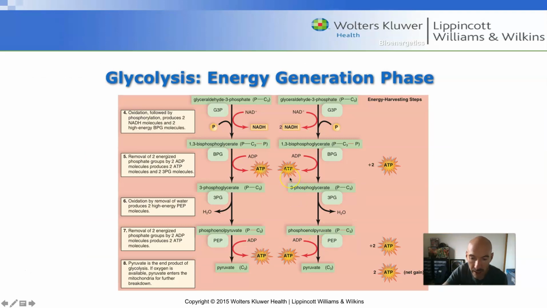So notice now, instead of having 2 P's and 6 C's, we have individual single P C3, and over here, same thing. So we've taken one molecule and split it in half, and now we have 2 simultaneous reactions occurring at the same time, right alongside each other, okay?